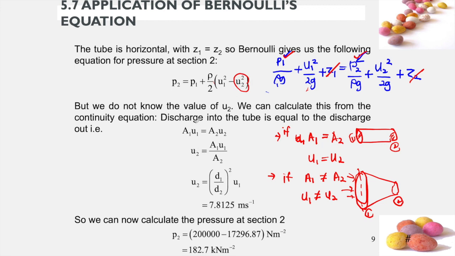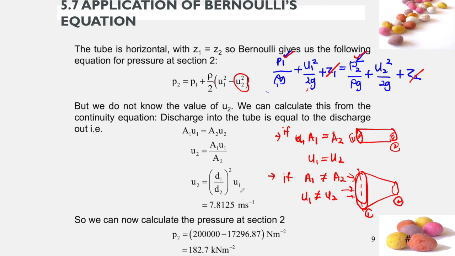So rearrange this equation, U2 is equal to A1 U1 over A2. So we get D1 over D2 squared times U1. So you substitute the value of diameter 1 and diameter 2, squared, times the velocity at 1. So you will get this velocity: 7.8125 meter per second.